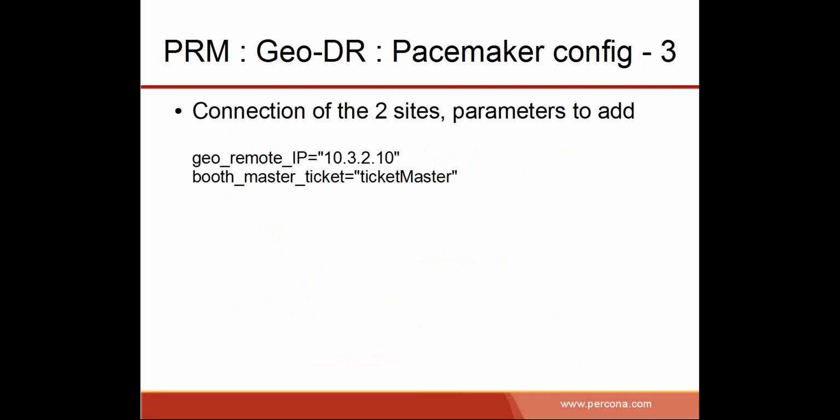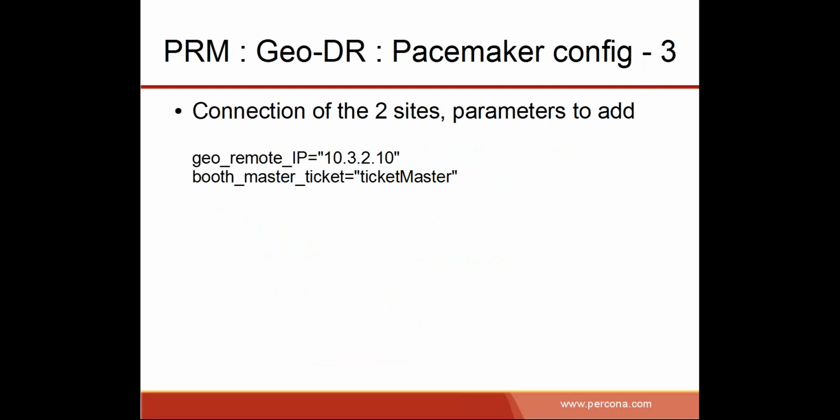And the very final step, we must inform PRM that it is in a Geo-DR type setup. This is done by adding 2 parameters to the primitive declaration.